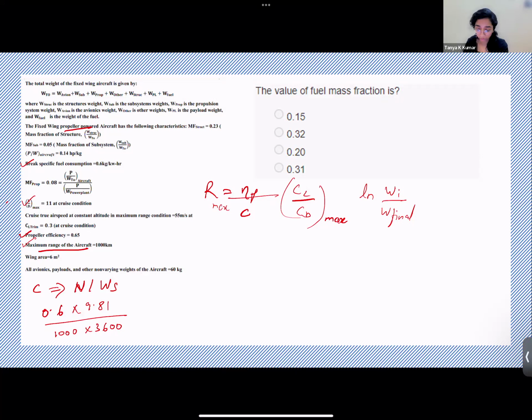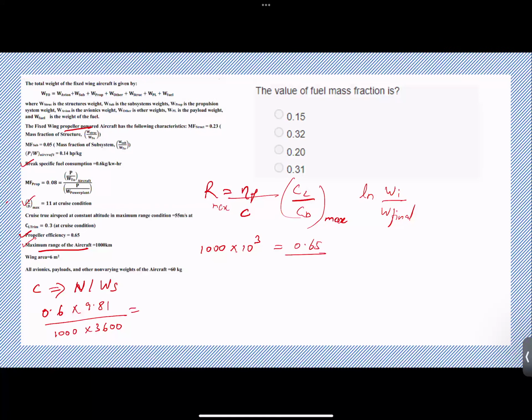Just plug in the values, right? So R max is 1000 kilometers. It should be in meters again, so 1000 into 10 raised to 3. Propeller efficiency is 0.65. Your SFC is, what is the value of this? Okay, let's find out that.